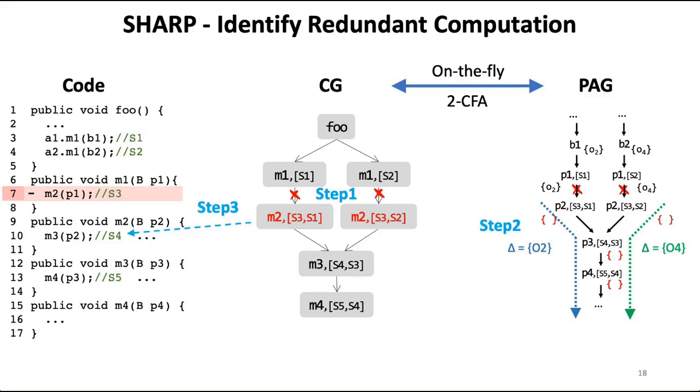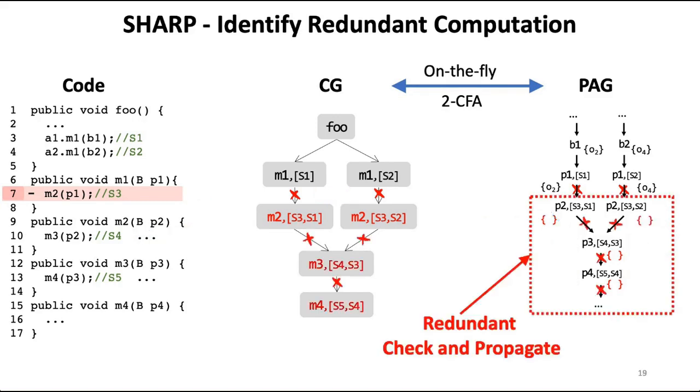Since the call to M3 on line 10 has no valid callers in the call graph, call site S4 also becomes invalid. Now we realize the previous change propagations are redundant. A faster way is to simply empty their points-to sets instead of running the check and propagate rules as described by IPA. The same scenario exists in the k-object sensitive algorithm when deleting a new statement.